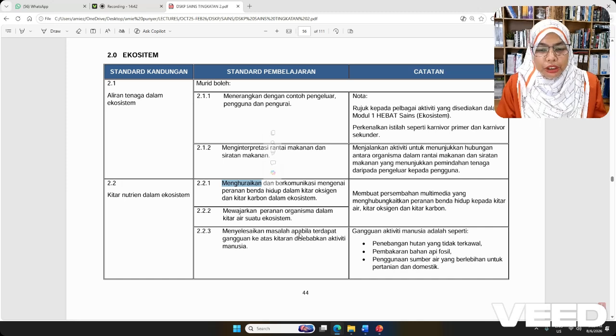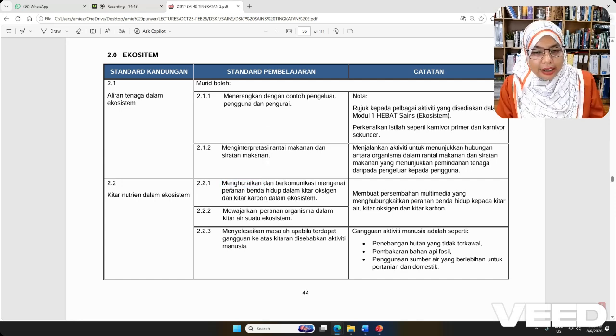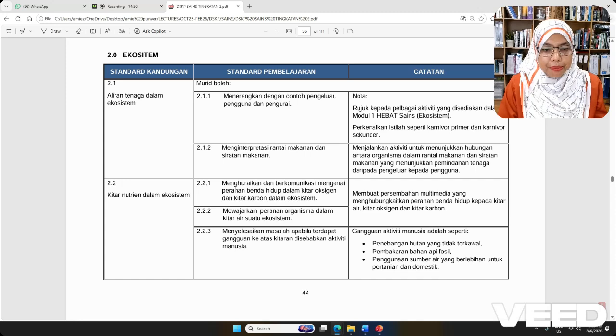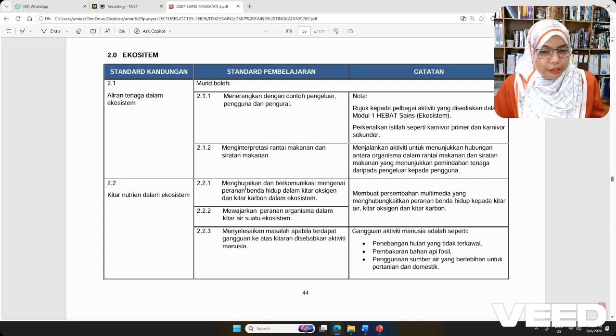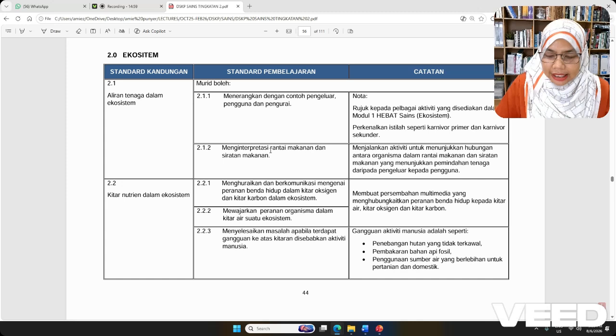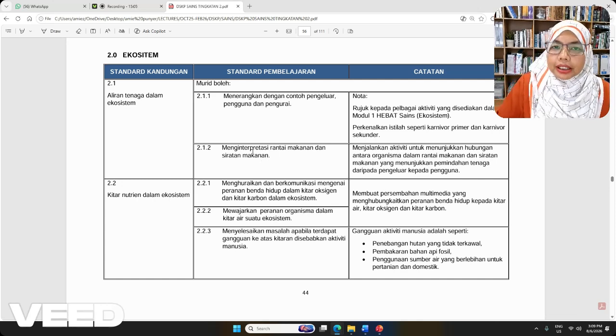So you have the option of selecting these standards because we can ask students questions, menghuraikan, in our test and exam. Okay, so be very careful when you are selecting learning standards, because we do not want to select an incorrect learning standard as a basis of our assessment.